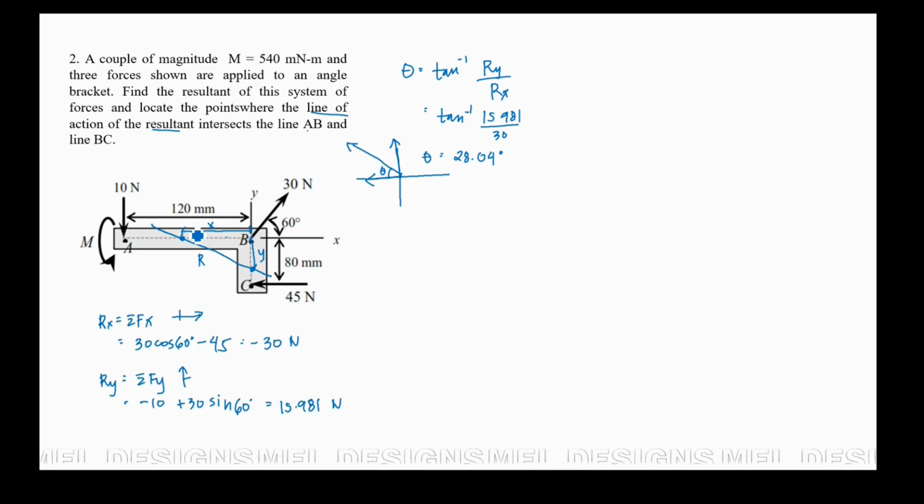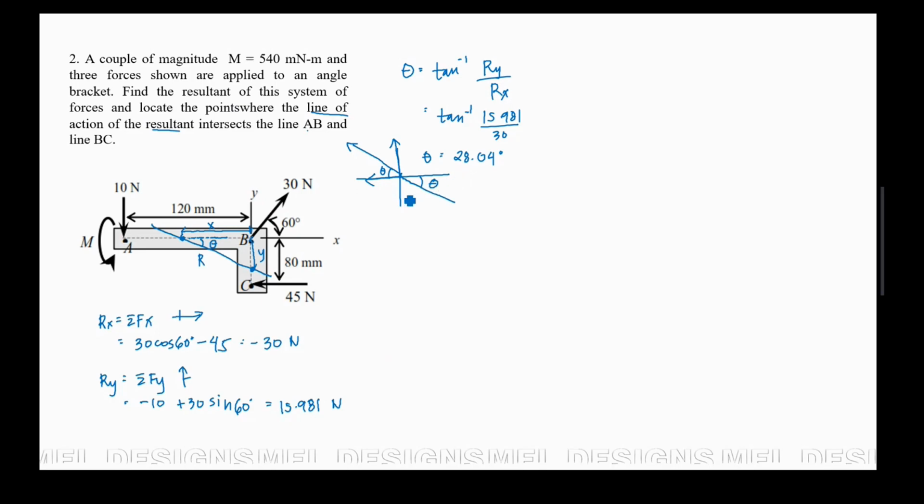Okay? So, kung ito yung magiging theta natin, ito na ngayon yung equivalent theta naman, if we will reverse the resultant or if we will get the resultant referring to our positive x-axis.